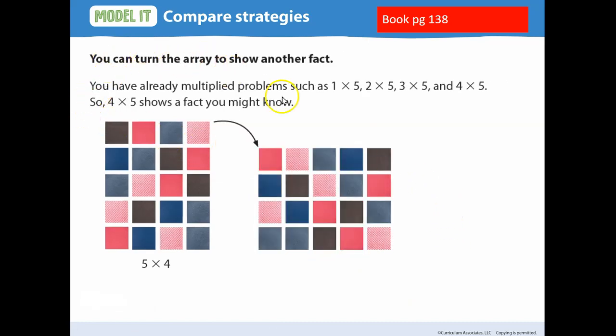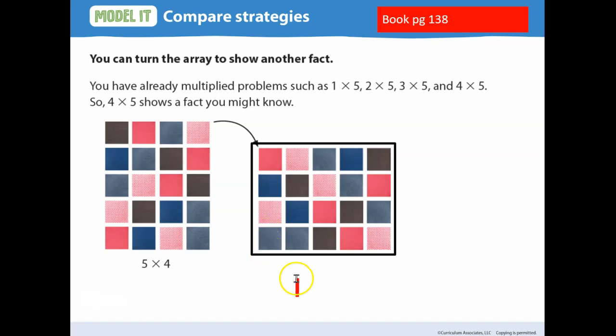You can turn the array sideways. So here you have 5 times 4, right? But now this array, how many rows do I have? Count 1, 2, 3, what? 4.